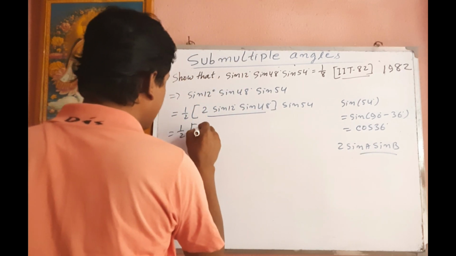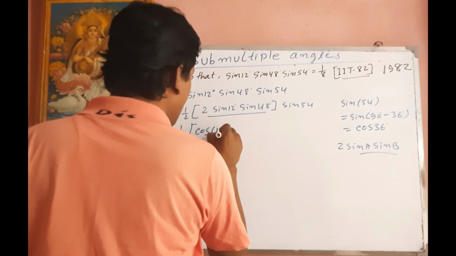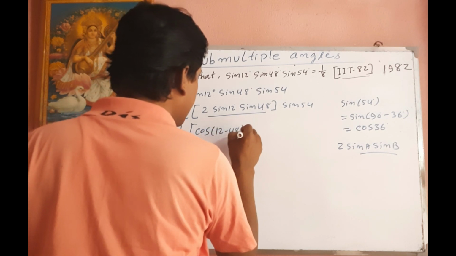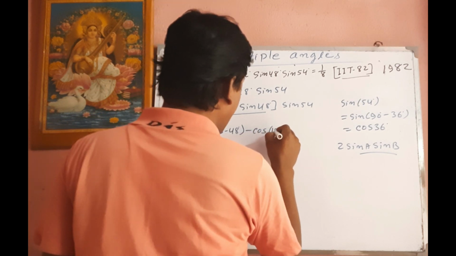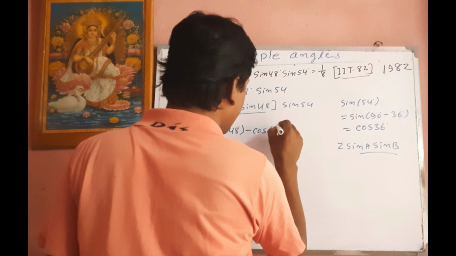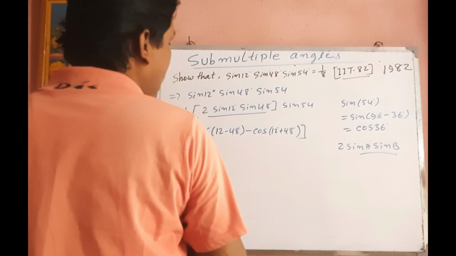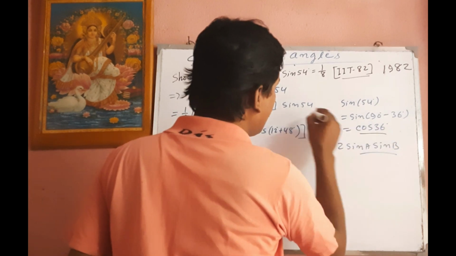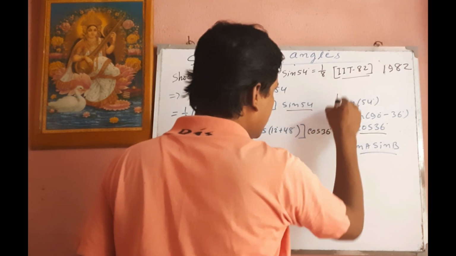Then we can write cos of 12 minus 48 minus cos of 12 plus 48. Now here sin of 54 is equivalent to cos of 36, which we are using here.